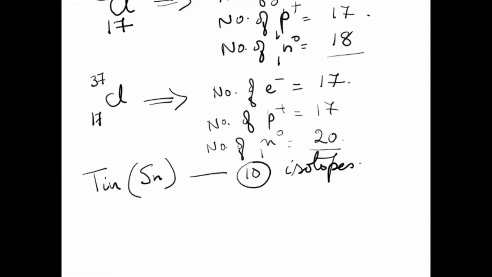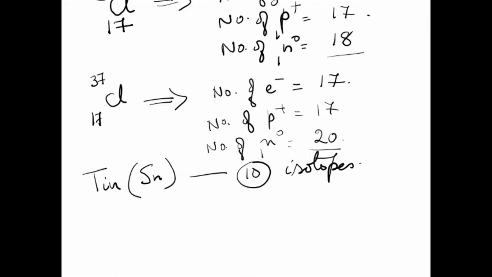The unstable isotopes lead to the phenomenon of radioactivity; they are the radioactive isotopes. First, let me go to radioactivity, then I will come back to this. But tin has 10 isotopes.